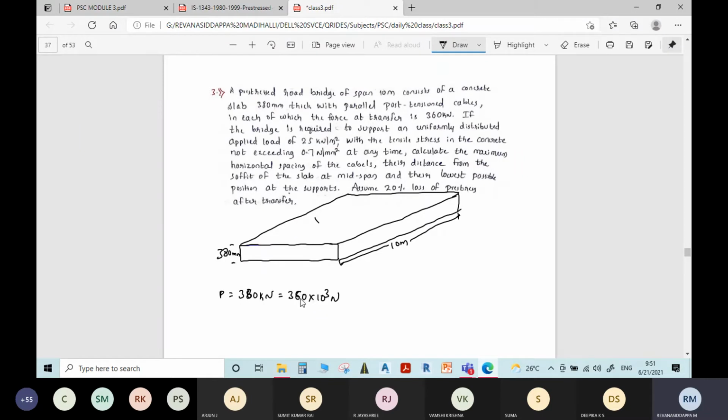Sir, it's 360 only. Just I will check it out. Yeah, 360 only. Here I got confused with the depth of the slab. Okay, I'll make it 360 kilonewton.